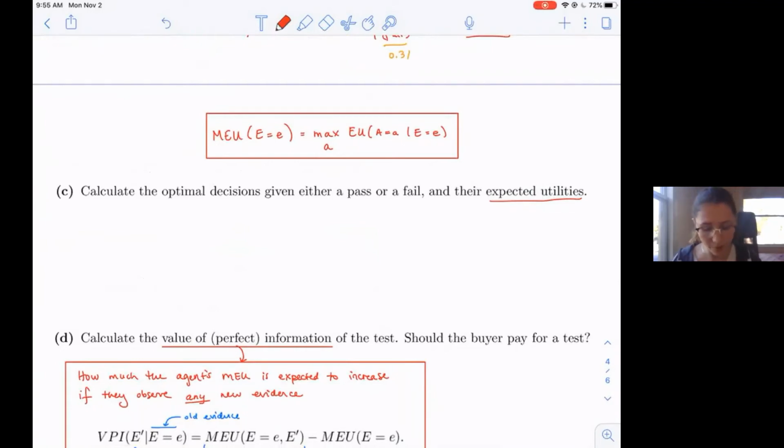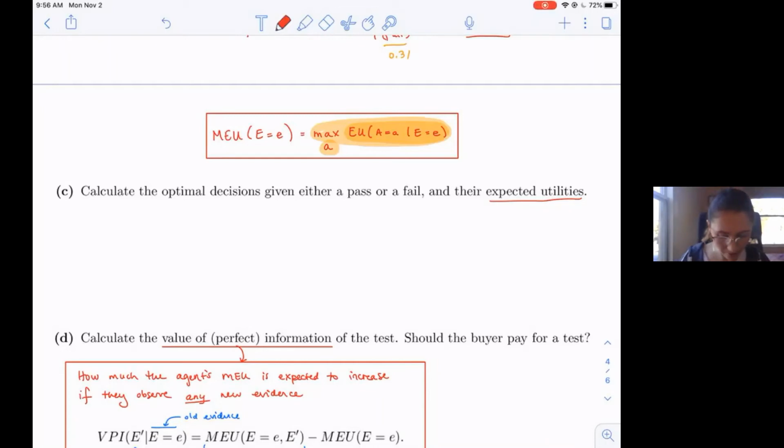So in the problems above, we were computing the expected utilities of taking a specific action A and having evidence E. But now if I'm trying to make an optimal decision, what I really want to do is maximize my expected utility. I want to choose an A such that I maximize my overall expected utility. And so that's basically what we're going to be doing in this part of our problem. We're going to be computing the maximum expected utility given the evidence of passing or failing. And we want to choose this action which leads to this max.